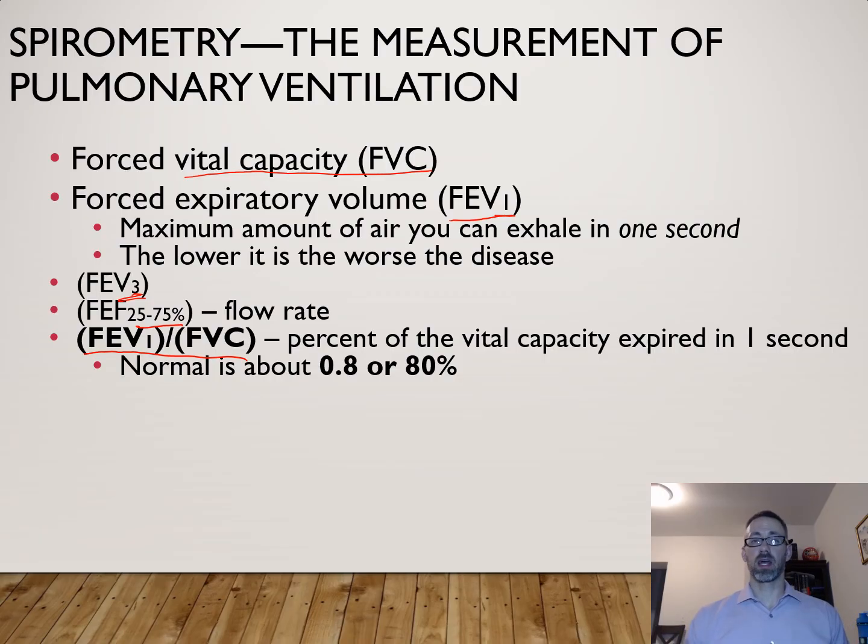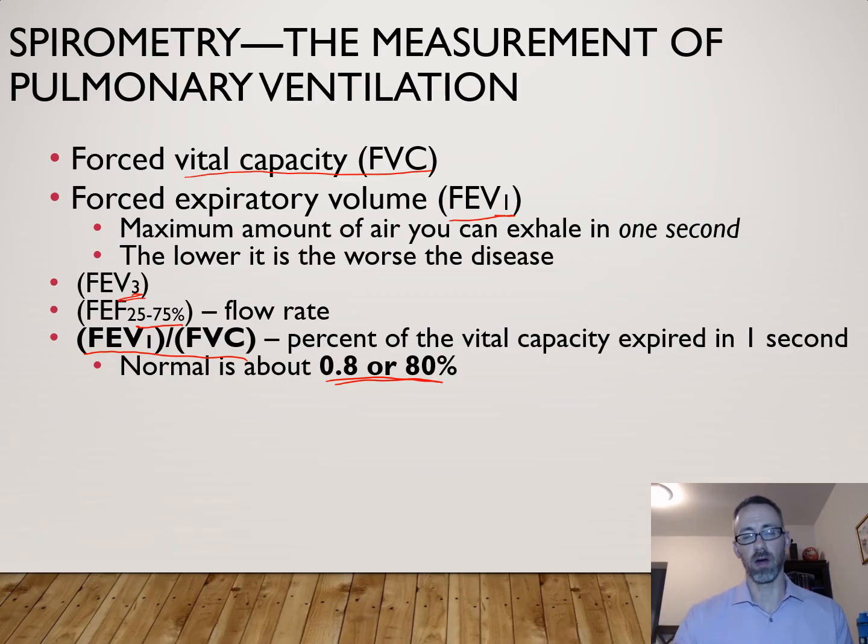So if a normal adult's capacity, or an average adult capacity, would be approximately 5 liters. So let's say this person's vital capacity is 5 liters. They exhaled 4 liters, okay, in 1 second. So that's about 80% that they exhaled in 1 second. And normal is approximately about 80%. That would be a normal FEV1 over the FVC ratio would be 80%.